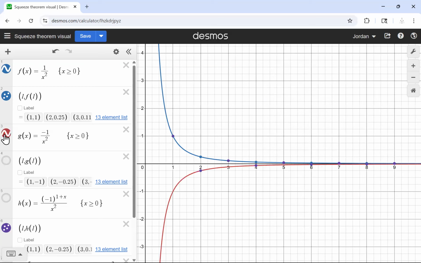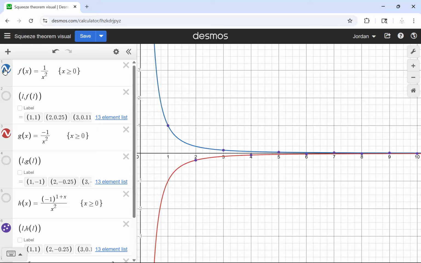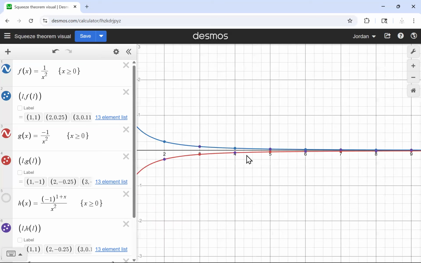It also has a lower bound of negative 1 over x squared. So we have two sequences that provide an upper and a lower bound. One is just the positive parts, one is the negative parts, and these both are converging towards 0.